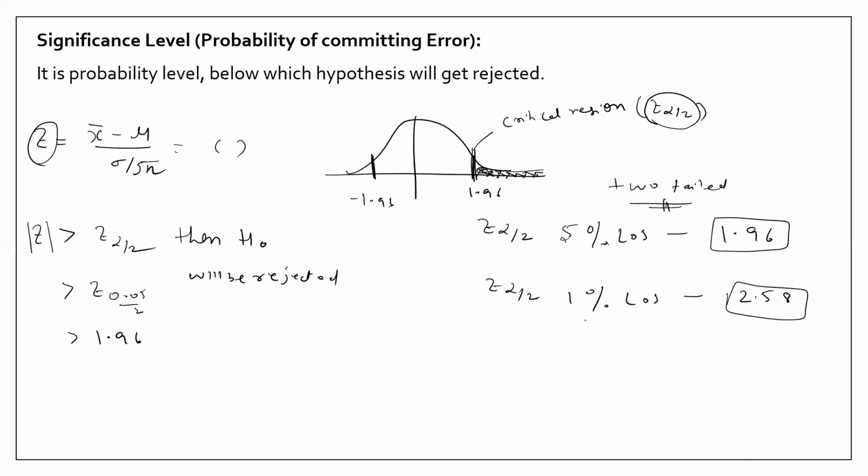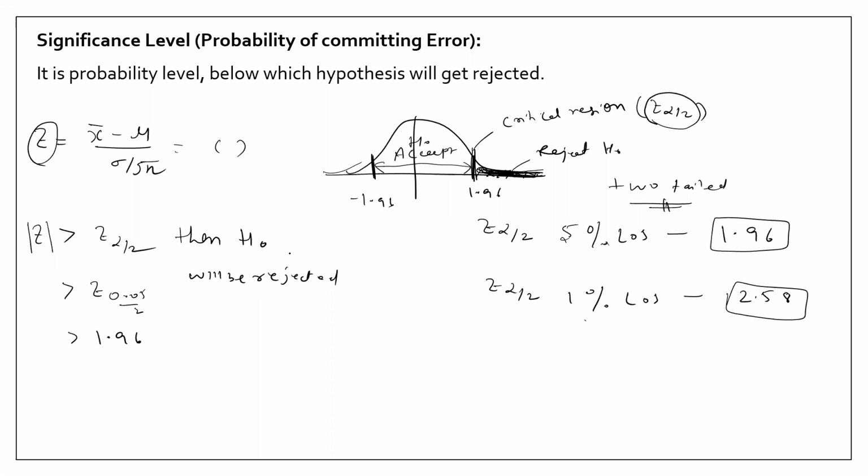So if the value lies beyond this particular value, we are going to reject the null hypothesis on either side. But if it becomes less than this value, then it will lie in this range, and then we are going to accept our hypothesis.